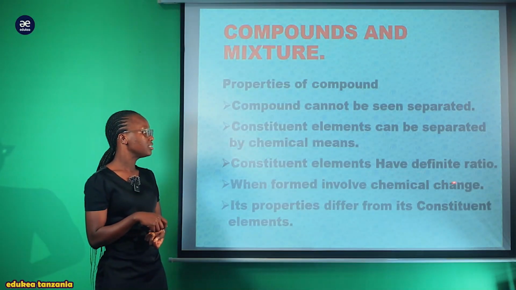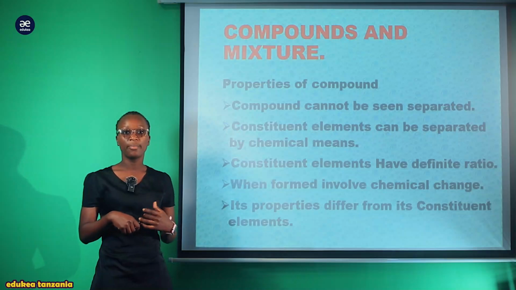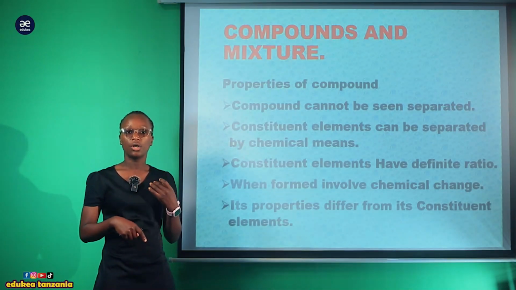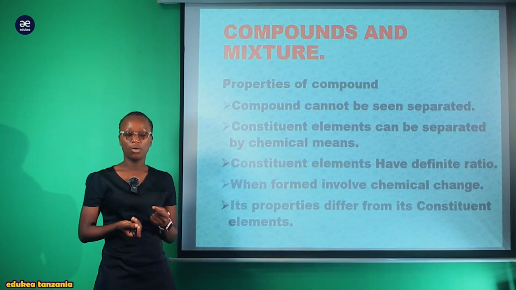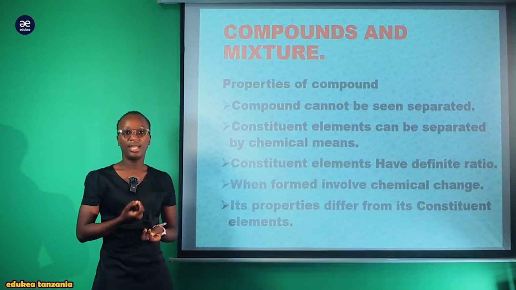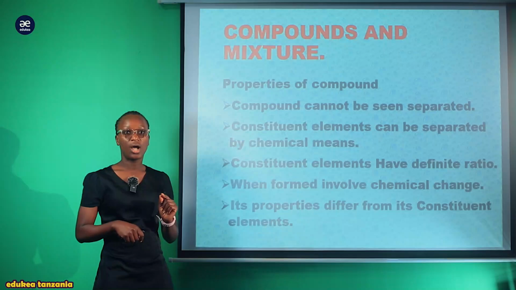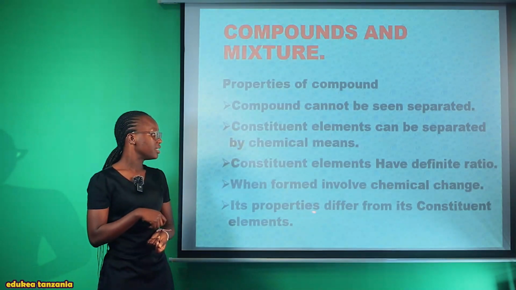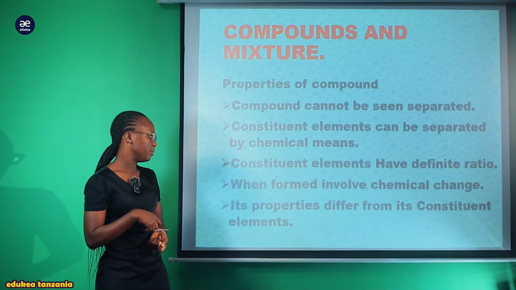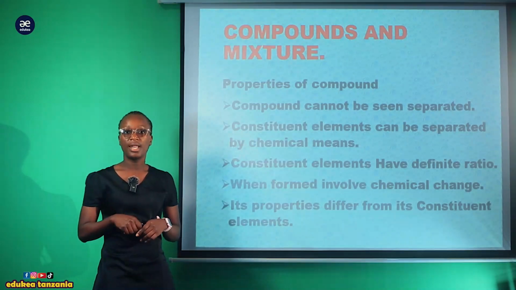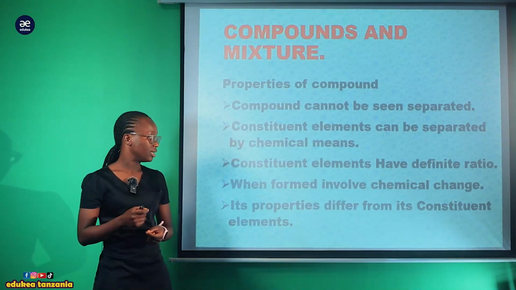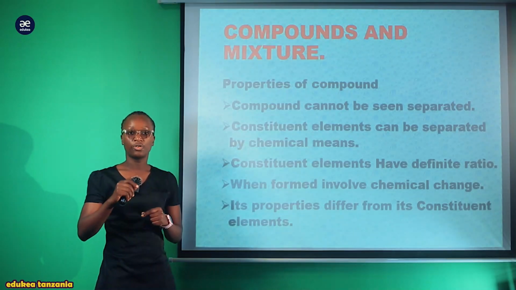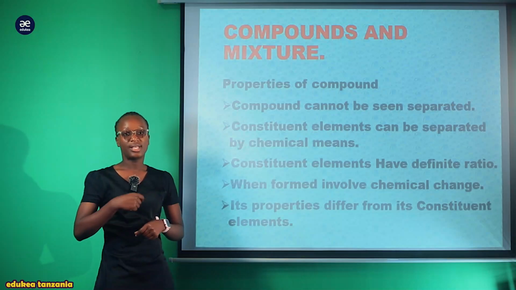As we have seen in our example, we have two oxygen in one carbon, and also in water we have two hydrogen in one oxygen, so they are in a fixed ratio. Also, its properties differ from its constituent elements, kwamba sifa za compound zinatofautiana na component za element ambazo zimeform hiyo compound or your combination.